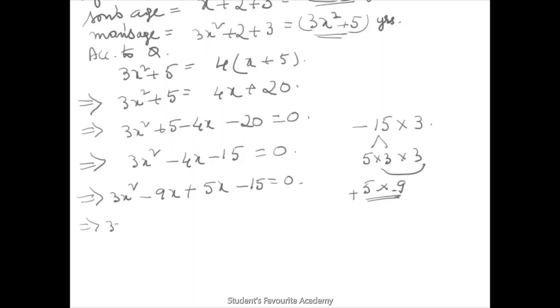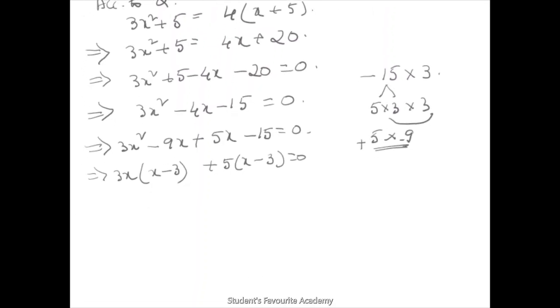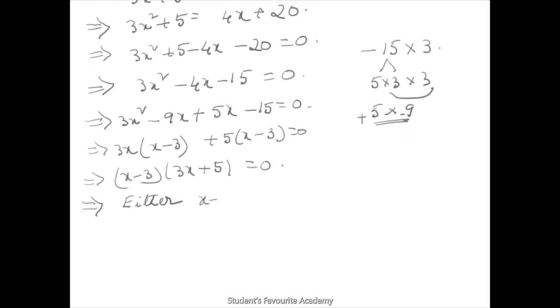So, if you take out 3x common, it will be x minus 3, and if you take out common 5, x minus 3 will be 0. So this implies x minus 3 into 3x plus 5 is equal to 0. Okay. Now, this implies either x minus 3 is equal to 0, or 3x plus 5 is equal to 0.